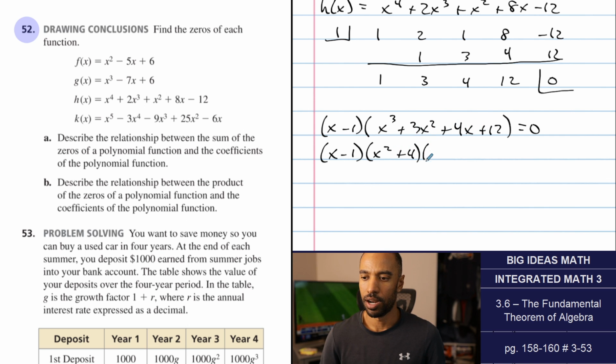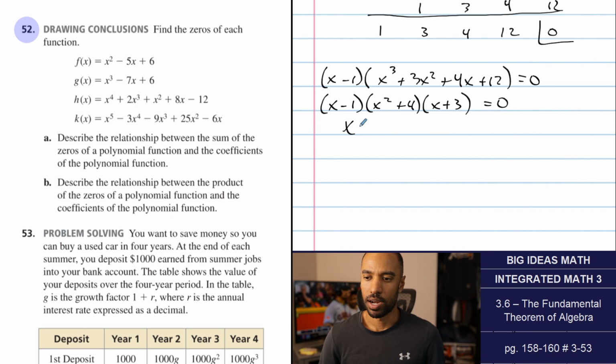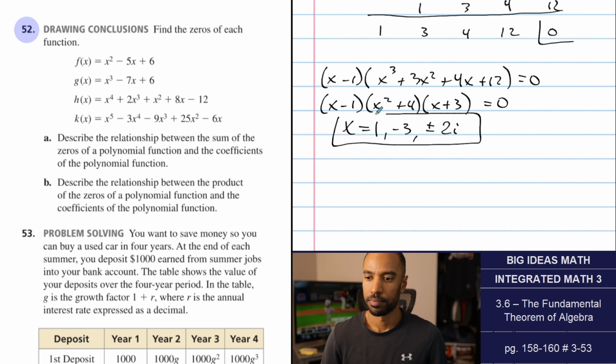Factor out 4, I get x plus 3. And this one, x will equal 1 and negative 3. Subtract 4, take the square root. It's plus or minus 2i, 2i, negative 2i.